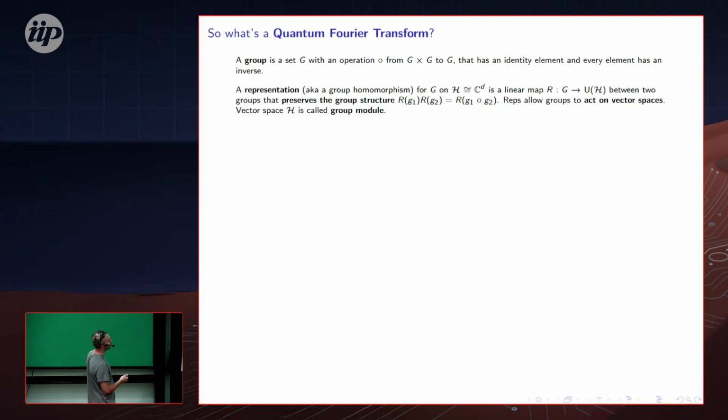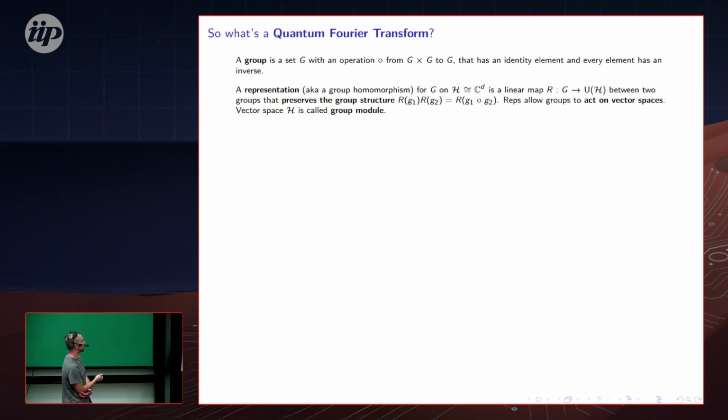If you compose group elements and then represent them, or represent them and then compose the matrices, it's the same thing. This doesn't mean that the image of R is isomorphic to G. You can really have a big kernel of this map. In fact, you can map G to the identity matrix, and that's a representation.